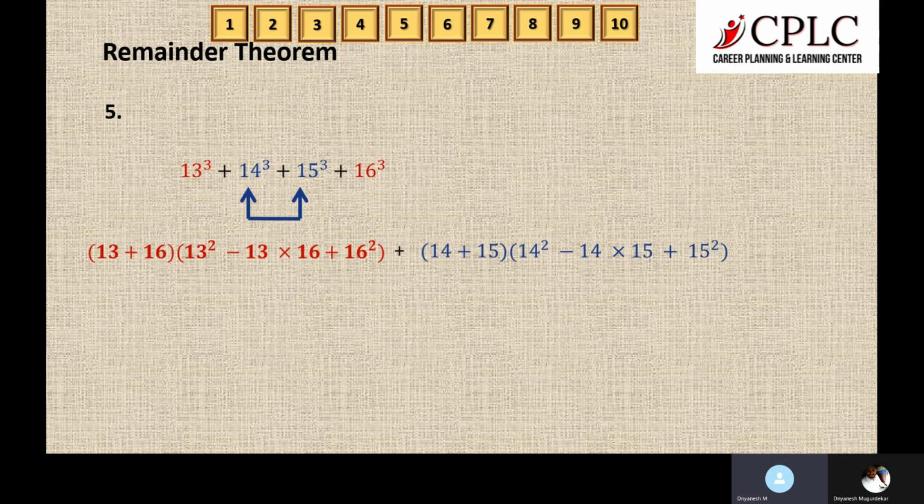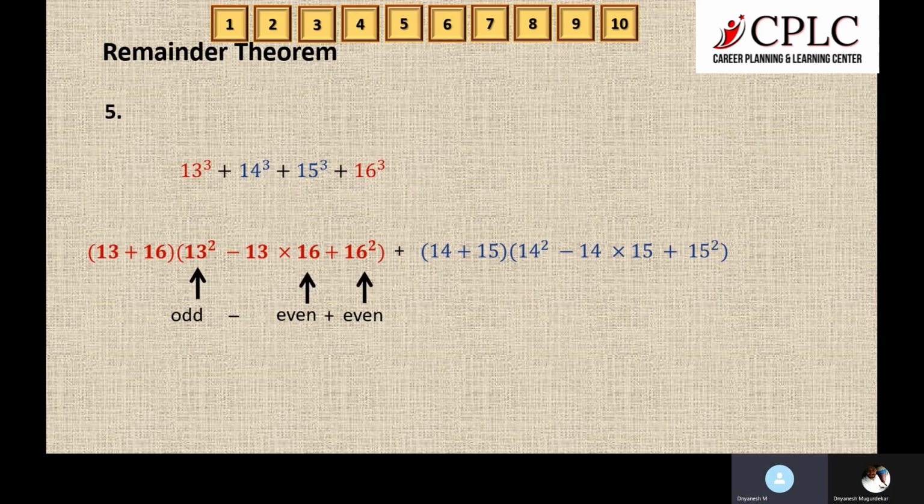So for example, 13 square, 169, which is odd. 13 into 16 will be an even number. 16 square, 256, which is even again. 14 square, 196, even again. 14 into 15, even. 15 square, 225, sorry, it will be odd.